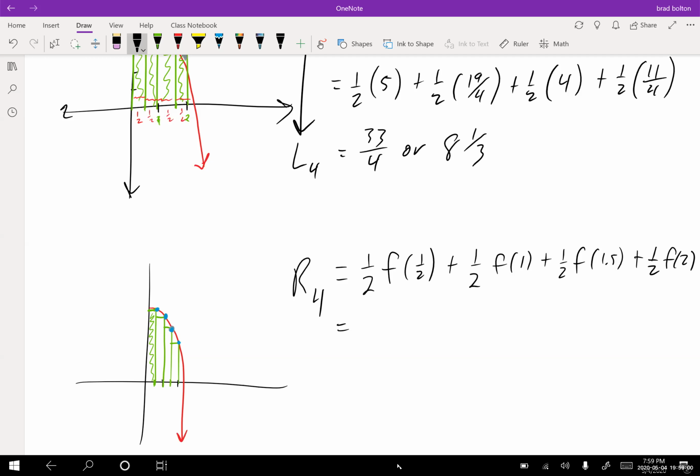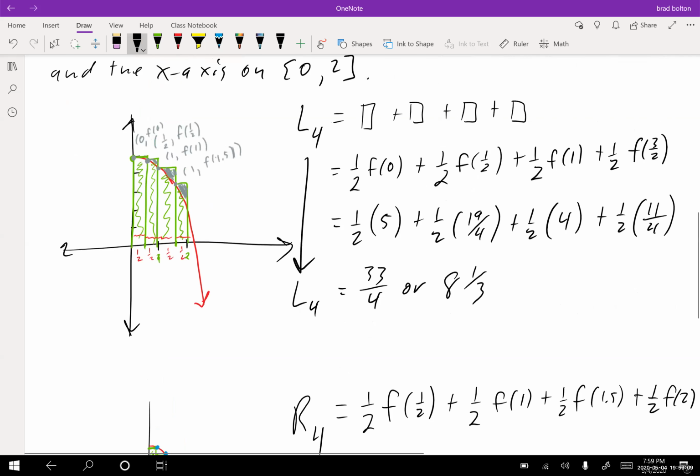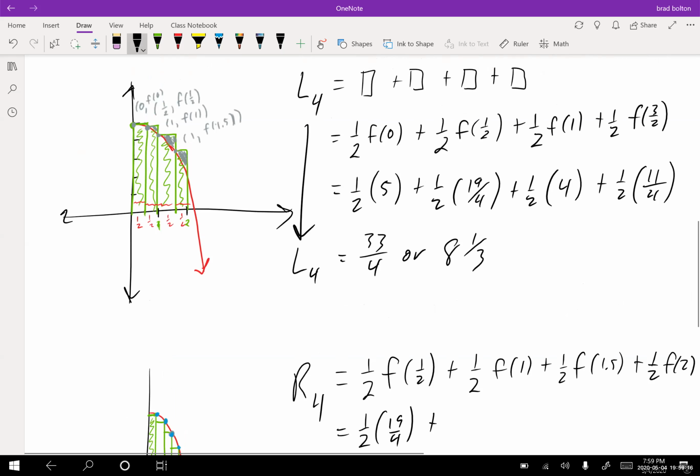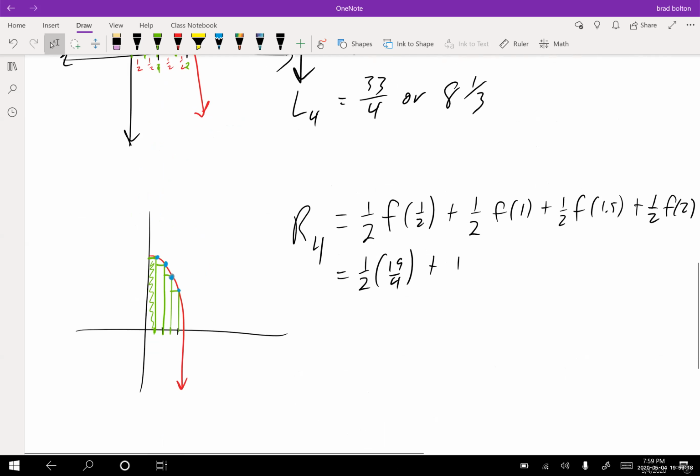So when you plug all this in, let's see what we get. If I plug 1/2 in, I should get 19/4. When I plugged 1 in last time, I got 4.